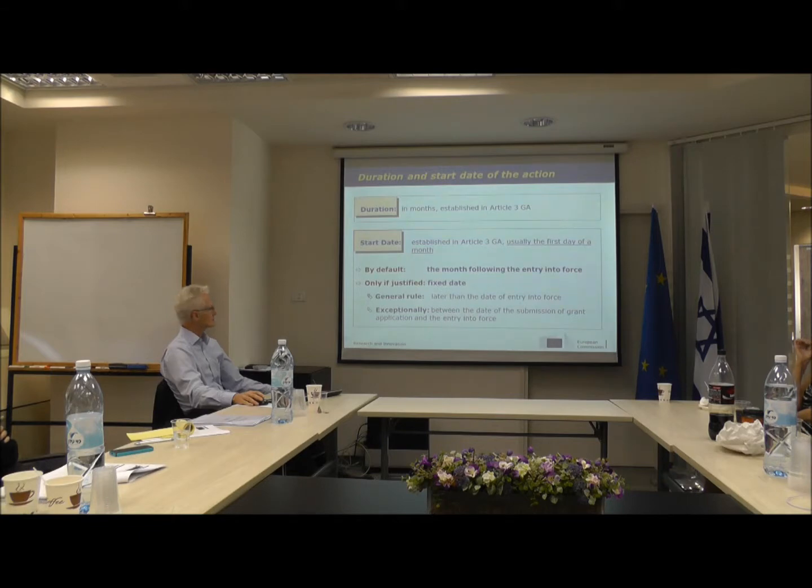The exception is built on which consideration? The exception applies if you have, for instance, projects that are linked to seasons of the year. A research vessel having to go to the Arctic can go only in summer, but the project starts in autumn, because the call was only at that moment.